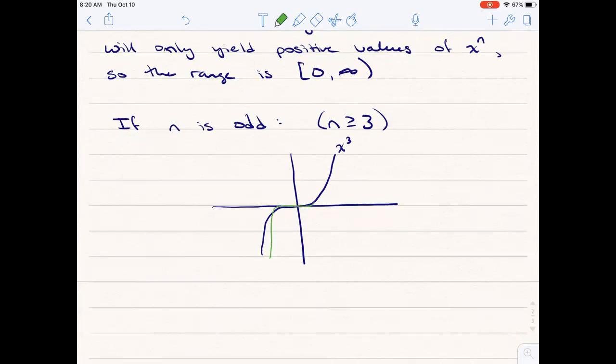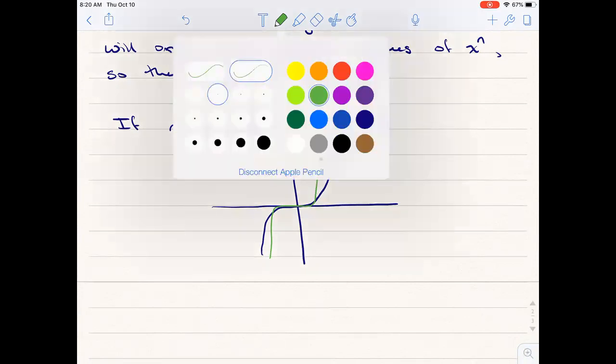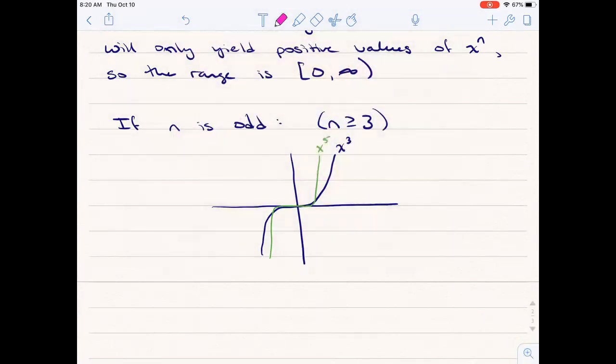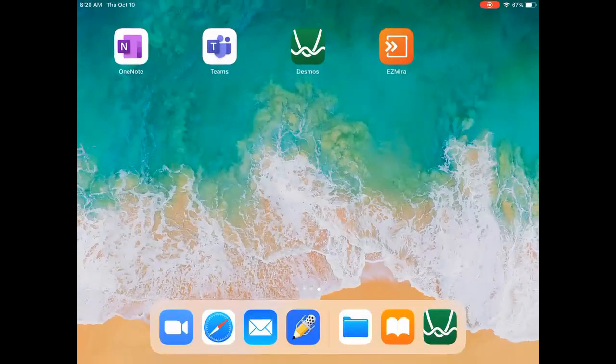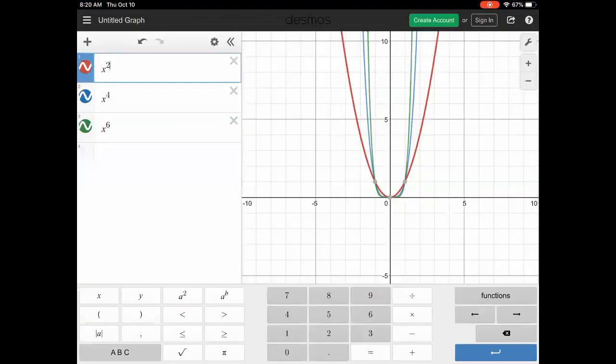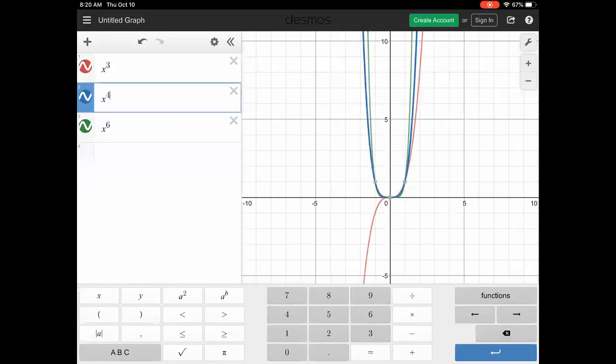How am I going to show that? I really made my x to the 3 really flat already. Anyways, x to the 7 is going to get weird. How am I going to make it narrower? Anyways, I'll let Desmos do the work. How about I change this to x to the 3, x to the 5, x to the 7.